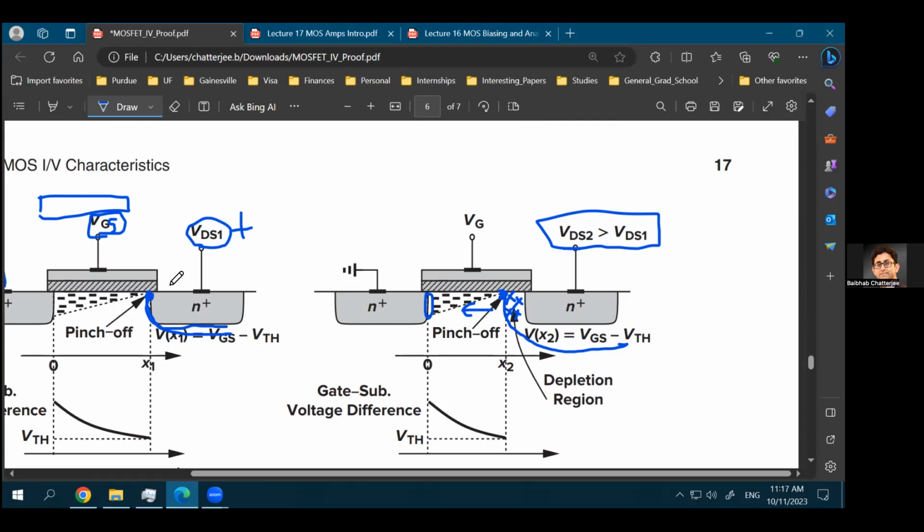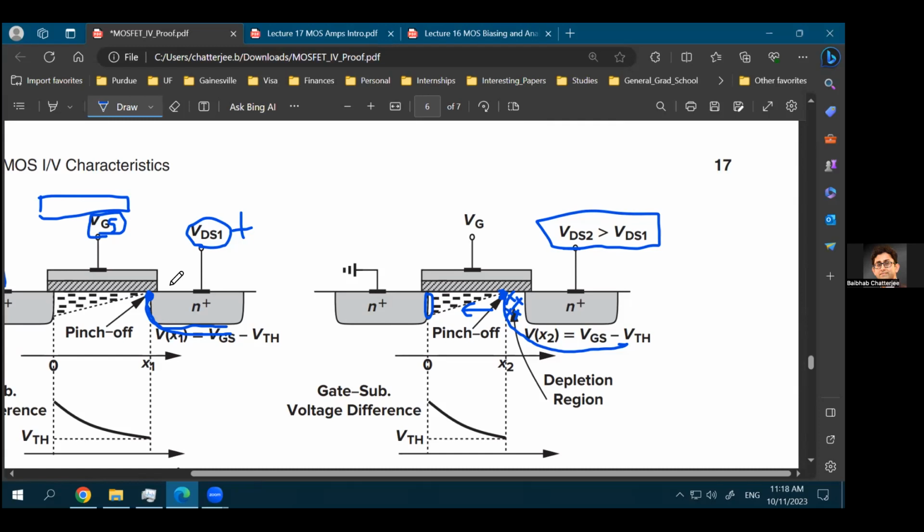so you are applying a VDS. You have some amount of drop through the gate to channel region. So in the channel, you originally had VGS minus VT. But remember that when you apply a drain voltage, let's say VDS, the voltage in the channel does not remain constant.